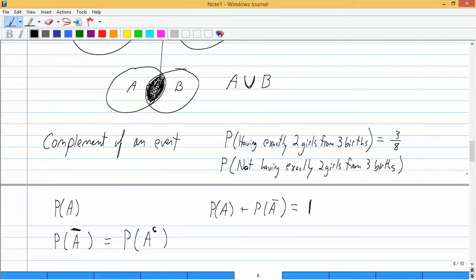Alright, so we can actually treat these like variables. And we could say the probability of something not happening, or the probability of the complement of A, is equal to 1 minus the probability of A.